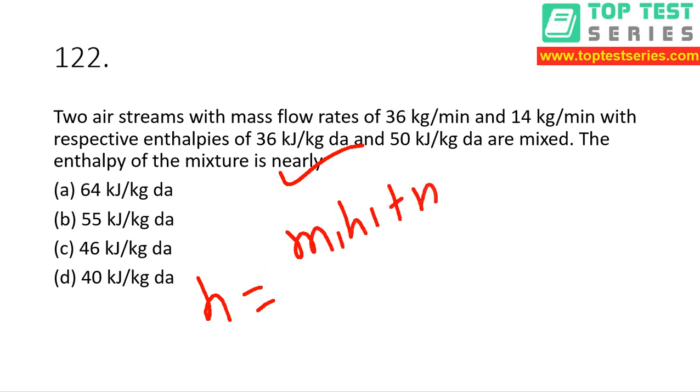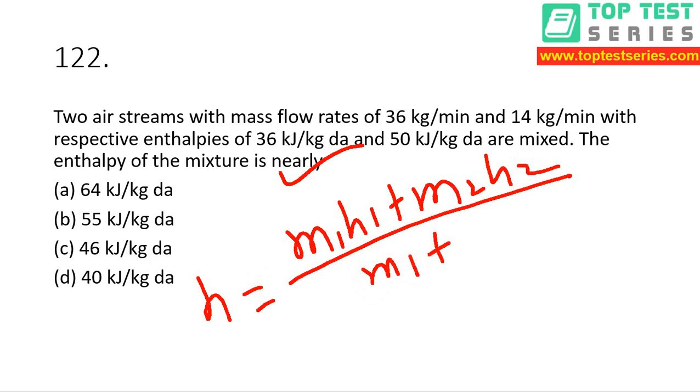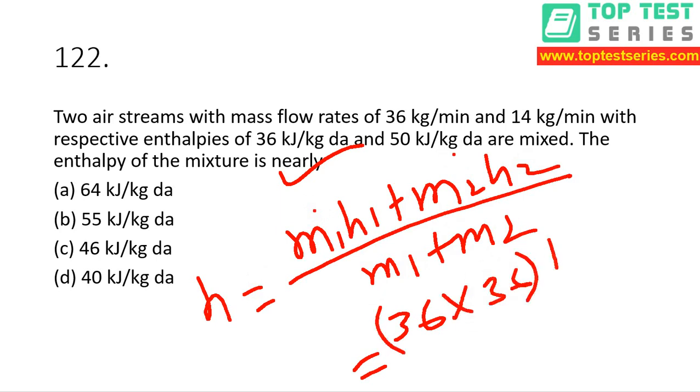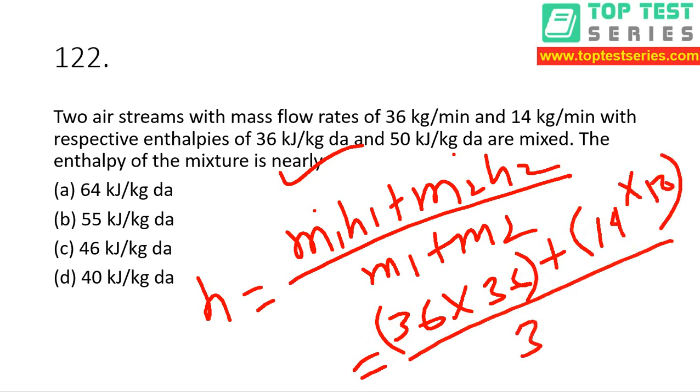(M1H1 + M2H2) divided by (M1 + M2). Now M1 is what, my dear? 36, that should be the mass flow rate, right? So 36 multiplied by H1, 36, plus 14 multiplied by 50, divided by 36 plus 14.